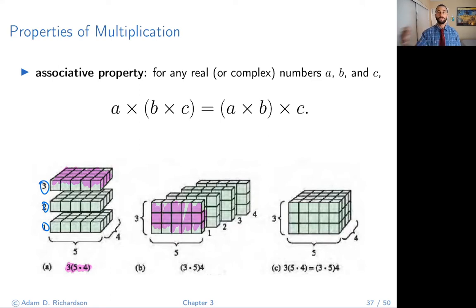And then we have 4 of those sets, 1, 2, 3, 4. So that's showing you how you can multiply 3 times 5 first, and then multiply by 4, and you'll get the same result. All we've done is take this box and partition it in different ways. But even if you partition it in any way, it's not going to suddenly make more unit blocks appear, right? Okay.